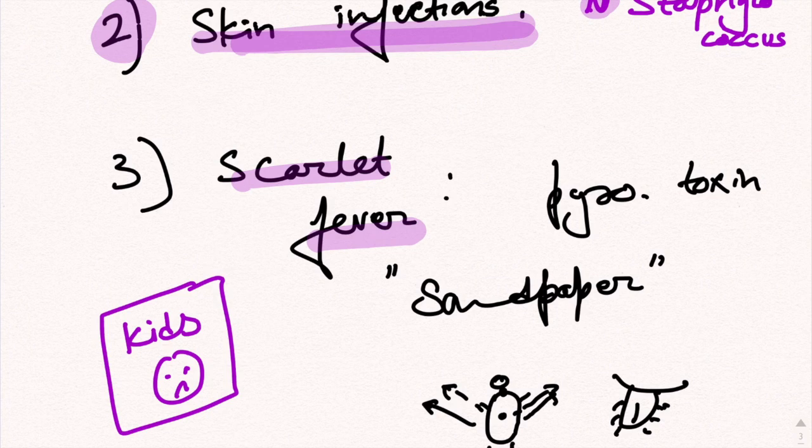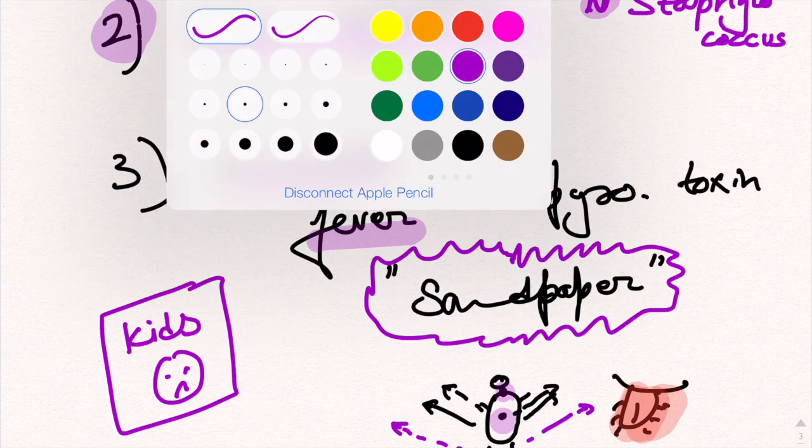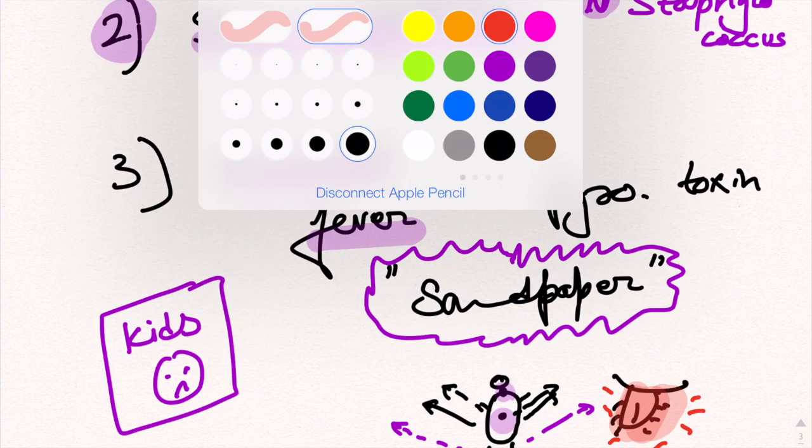The characteristic is the sandpaper rash, which you should remember for your Step 1 exam. It starts at the trunk and head, and then spreads outward, from the neck and trunk to the rest of the body. The kid can also have a strawberry tongue. This will be the strawberry tongue.